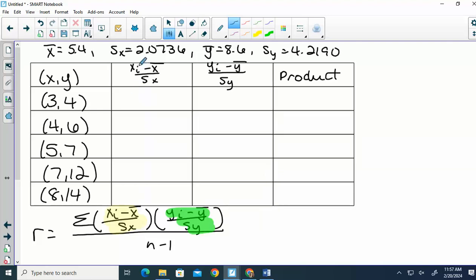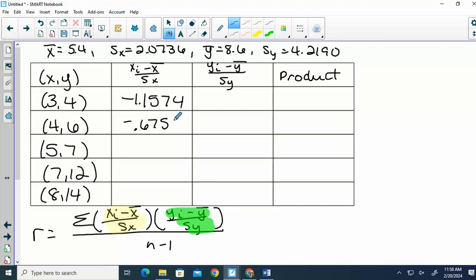So we do our x value. So 3. I'm going to put it in parentheses. So I'm going to do parentheses 3 minus 5.4 divided by 2.0736. And if you do that all at once, you can do second enter, and then next time we just have to change our 3 to a 4 for the next point.